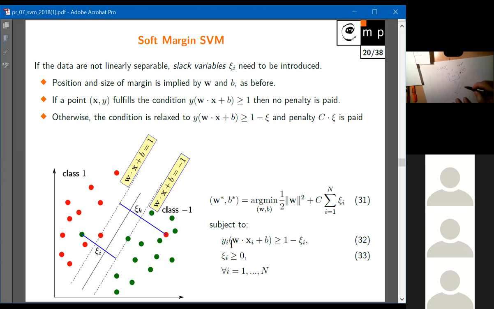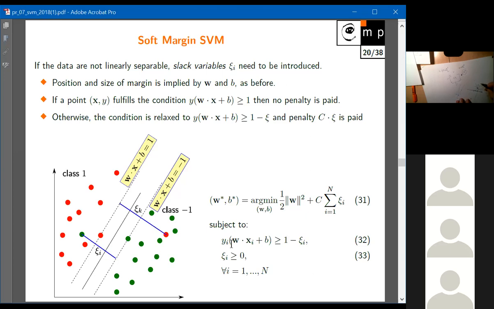And the penalty is proportional to the distance. If we move in this direction, the penalty you pay, the loss, grows from 0 at the margin with the distance to the margin. By the way, unlike with the perceptron, this is an upper bound of the number of errors, because the errors start here and it goes like 1 and 0.